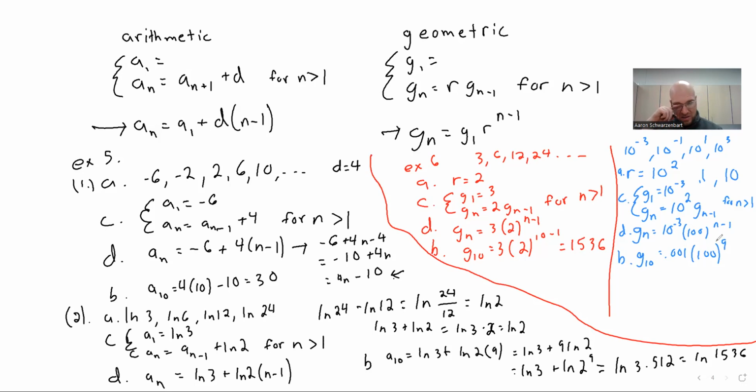Actually, I probably should just do this with the exponents. That's 10 to the 18th times 10 to the negative third. I multiply the exponents, 10 squared to the ninth, 10 to the 18th, and then add exponents, 10 to the 15th is the 10th term.